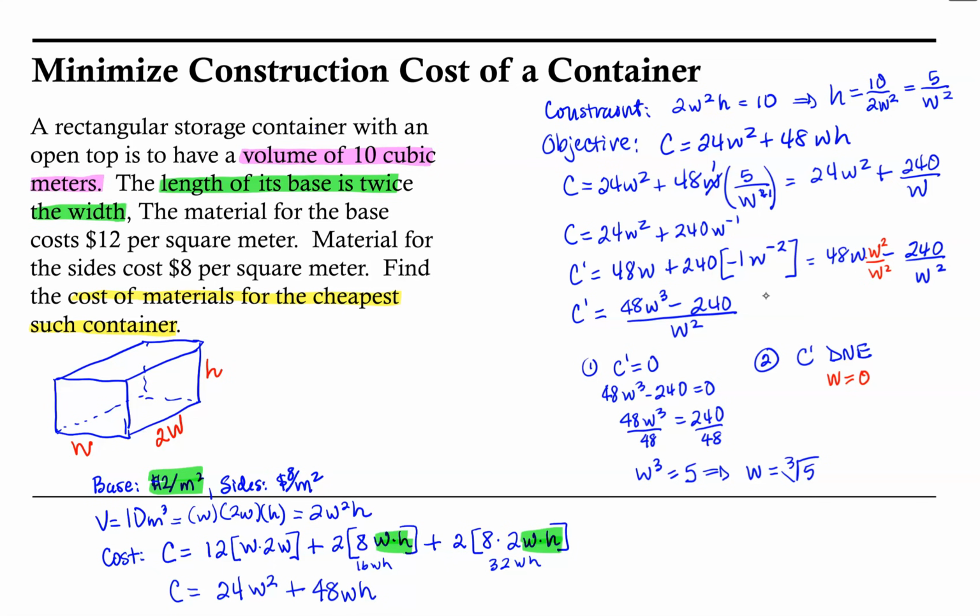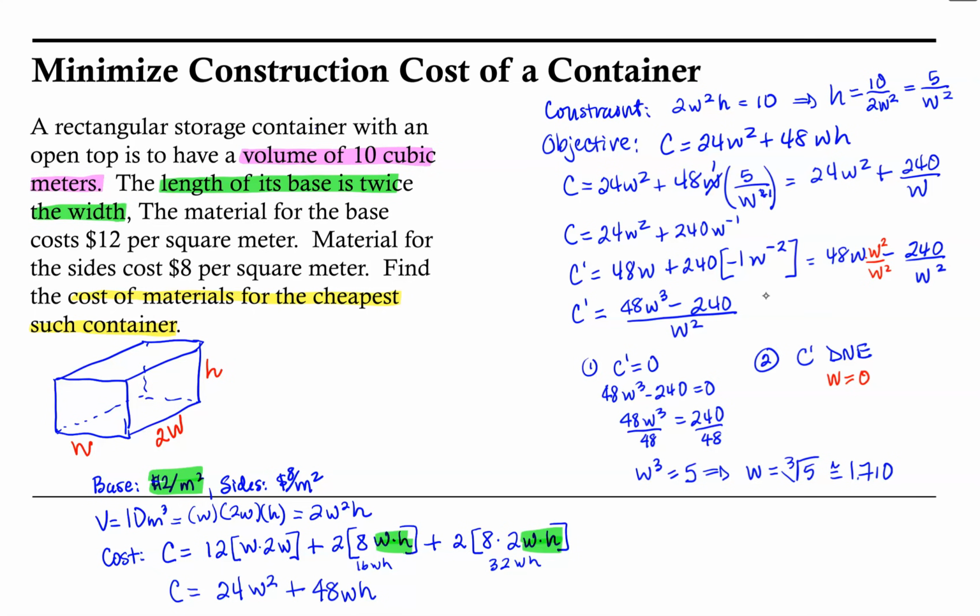And just so we know the approximate size of this width, this is approximately 1.710. Now let's go ahead and confirm that we have in fact minimized the cost of this container.